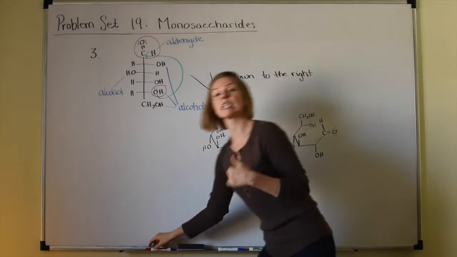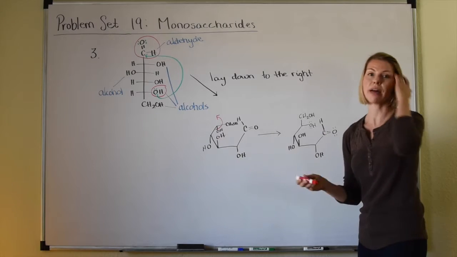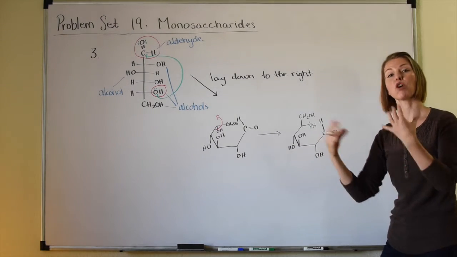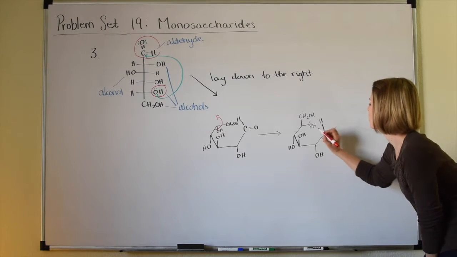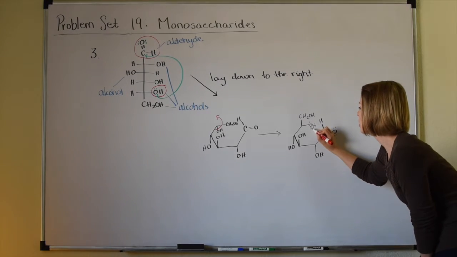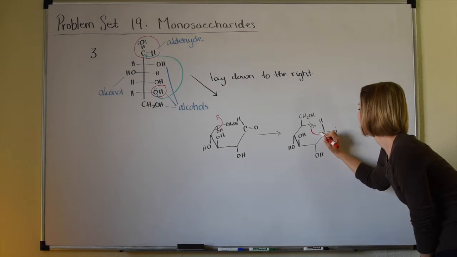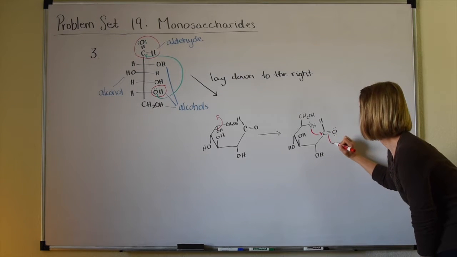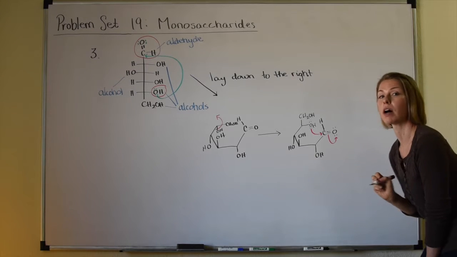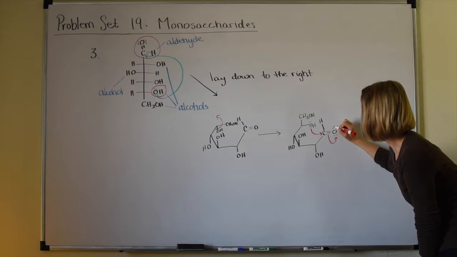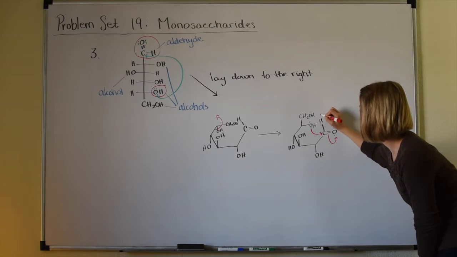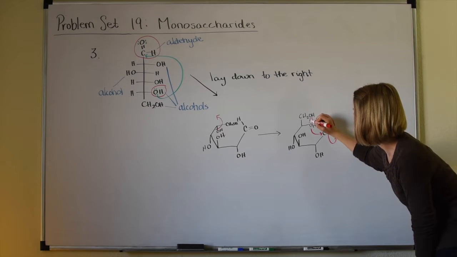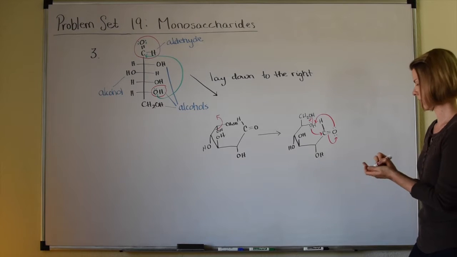And remember that this is not a mechanism, this is just a method that I use to help students understand where new bonds will form and where bonds will break. So we've got an attraction from the partial negative oxygen to the partial positive carbon of the carbonyl. Double bond turning into a single bond. Got the partial negative oxygen attracted to the partial positive hydrogen, and the breaking of the bond here.